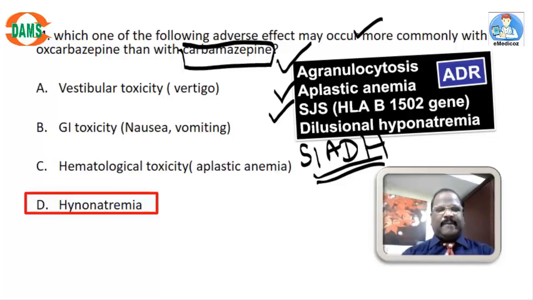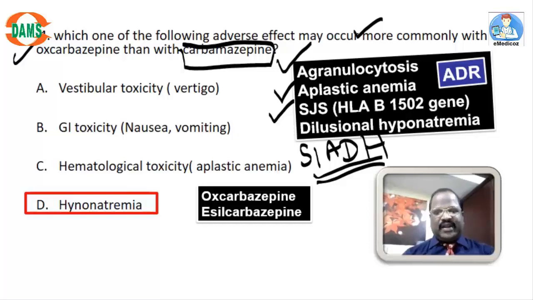Now I am going to compare oxcarbazepine with carbamazepine. Look here. There are two important derivatives of carbamazepine. One is called oxcarbazepine. One more is called eslicarbazepine. These two drugs are derivatives of carbamazepine. The advantage is these two drugs have less chance of causing myelosuppression and less chance of causing Stevens-Johnson syndrome.